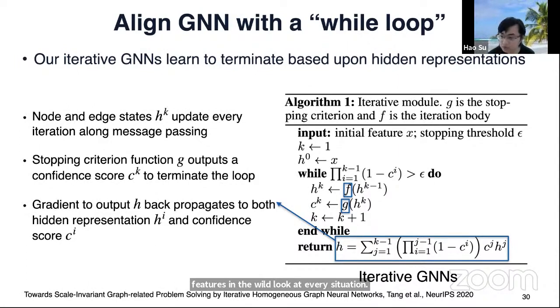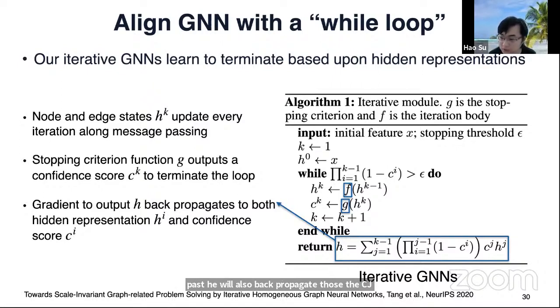So this H function will be plugged in with other parts of the neural network so that we can train it end-to-end through gradient descent. And you can also see that because H is a continuous function of the h_j's and the c_j's, the gradient passed to H will also backpropagate to both the c_j's and h_j's.